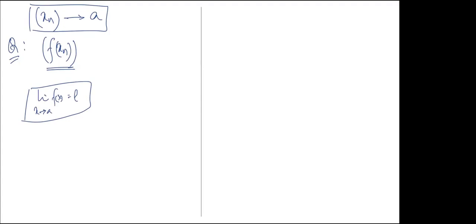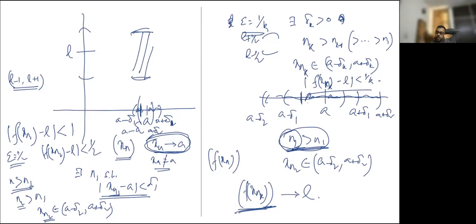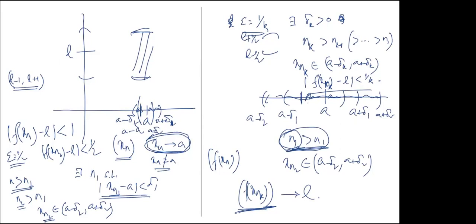Suppose that we take an epsilon positive around L. Then we know that there is a delta positive around a, such that for all x's between that, f(x) belongs to this.